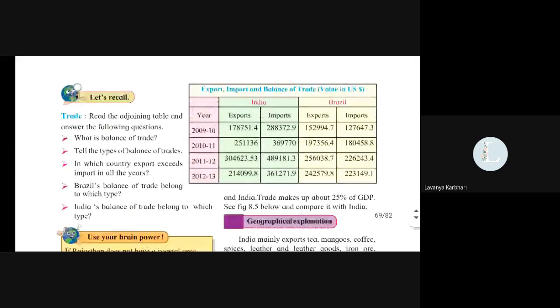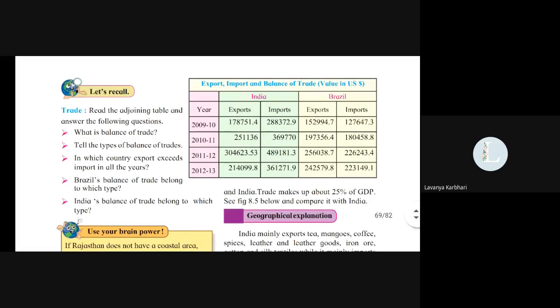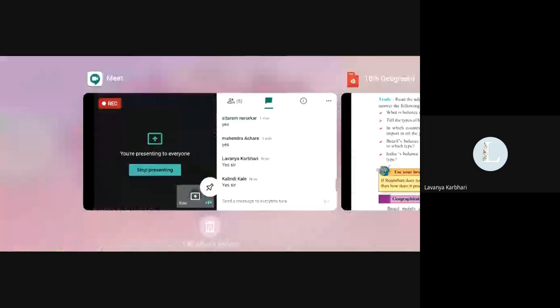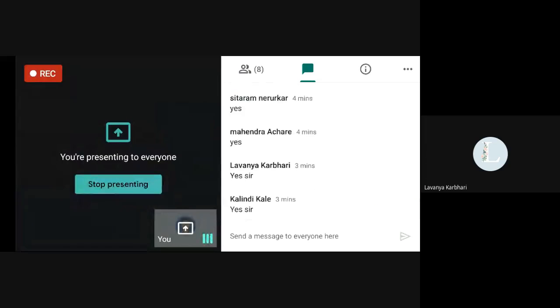ओके, ट्रेडमध्ये डेफिसिट. बट इफ यू टेक दी एक्झाम्पल ऑफ द ब्राझील, देन इट इज ट्रेड सरप्लस. ओके, कारण ब्राझीलला जेवढे पैसे बाहेरून इम्पोर्ट करायला लागतात त्याच्यापेक्षा जास्त पैसे त्याला बाहेरून मिळतात. ओके, so are you able to understand that table for India and Brazil?